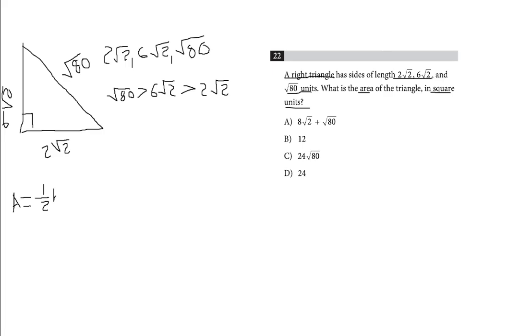We'll use it to solve this now that we have both our legs, which are the base and the height. So area equals 1/2 times 2 root 2 times 6 root 2. Now we just need to multiply. So 2 times 6, and then root 2 times root 2, which is the same as root 2 squared.